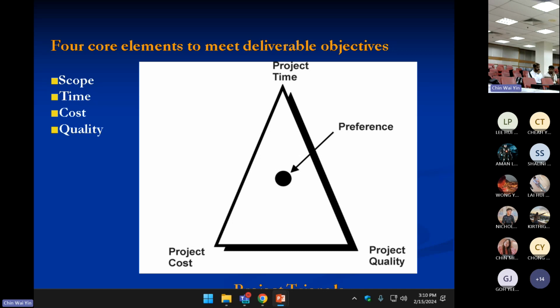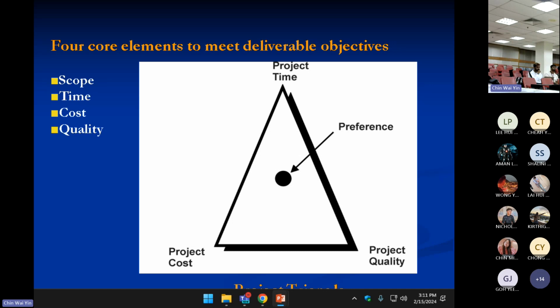Then either the cost will increase, because if I want to still have the same deadline, I will need additional overtime and maybe other hardware and software. And then my cost will increase if I still want to meet the deadline.